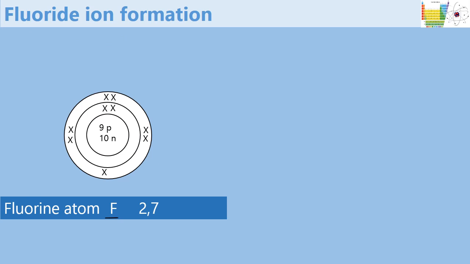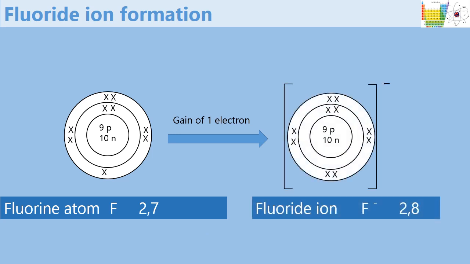Now for the fluorine atom, is it easier for it to gain 1 electron or to lose 7 electrons? It is easier for it to gain 1 electron. So usually it will gain 1 electron to form a fluoride ion.